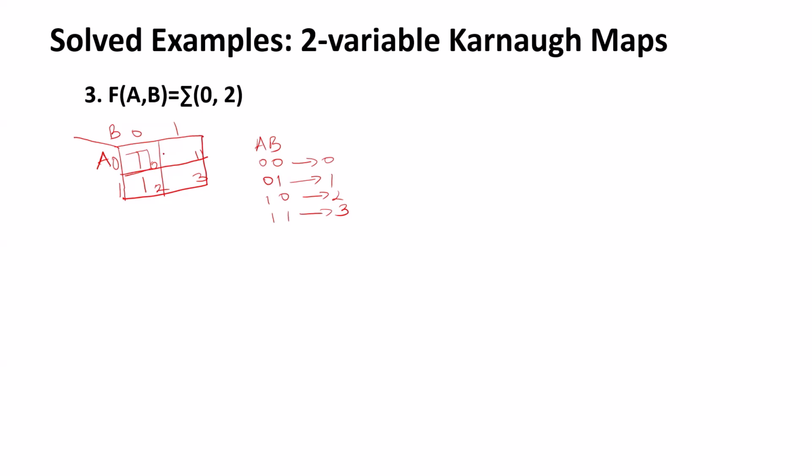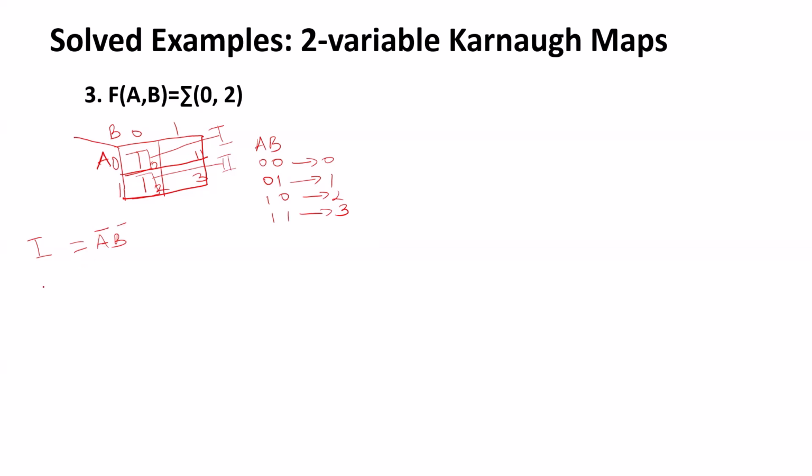Let's label the first one equation 1, and let's label this second one equation 2. So for the first one, which is our equation 1, it is A bar B bar, because A is 0 and B is also 0.